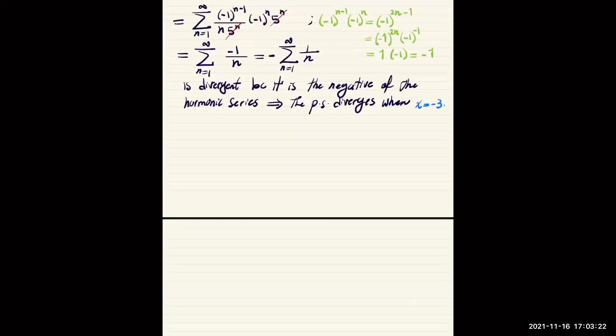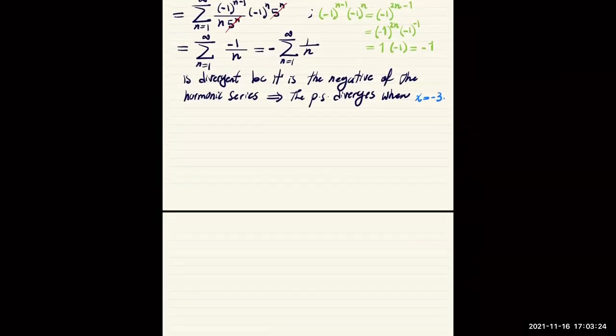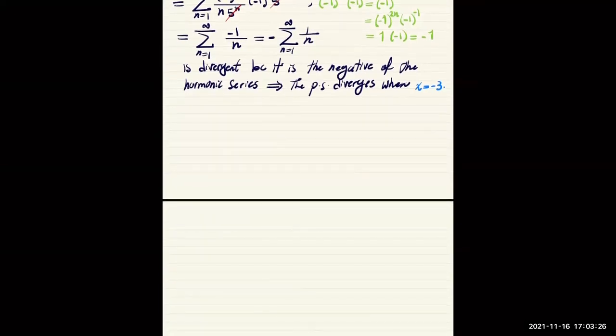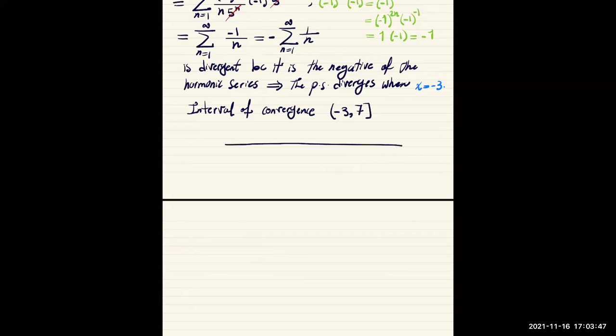All right. So we have the interval of convergence. It's from -3 to 7. Exclude -3, include 7. That's it. You don't need to draw.